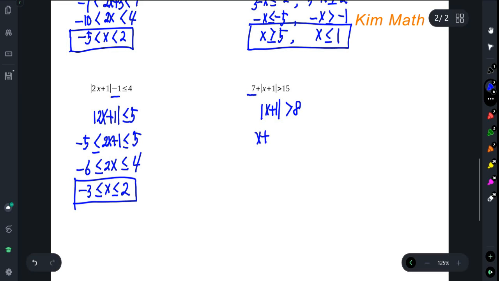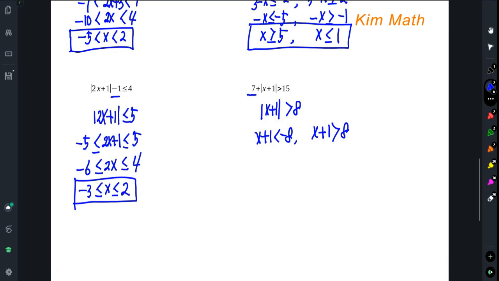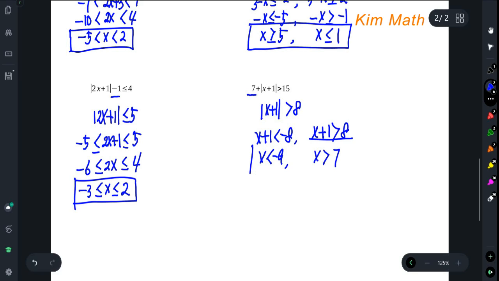Yes, x plus 1 is less than negative 8, and x plus 1 can be greater than positive 8. So subtract 1, then x is less than negative 9. Same thing, subtract 1, then x will be greater than 7.